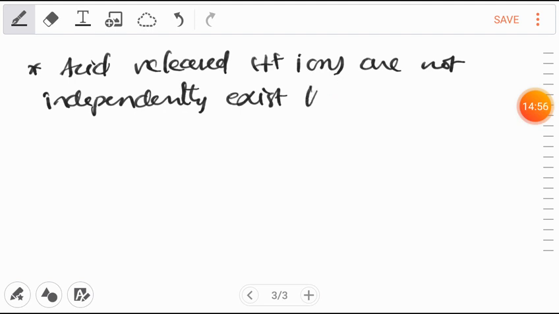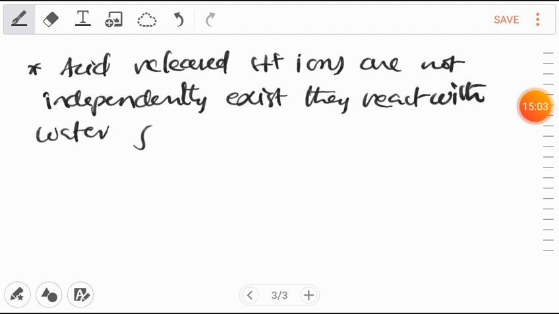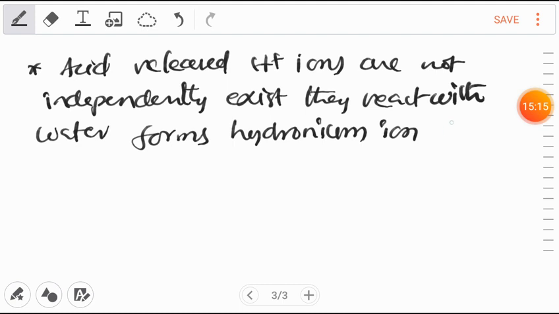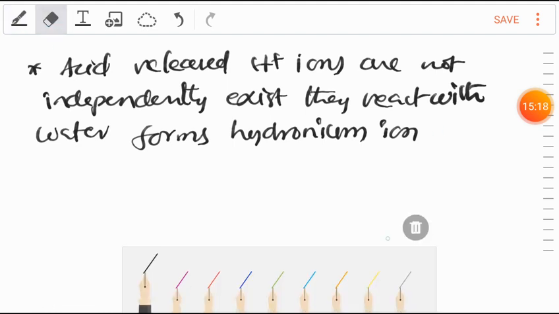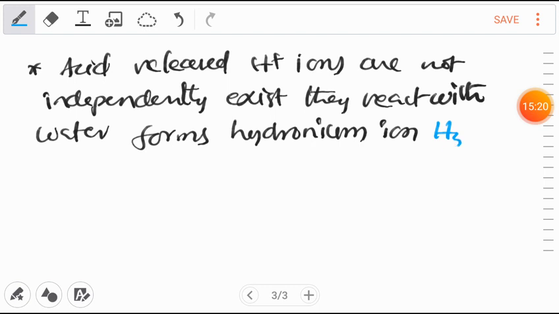They react with water and form the hydronium ion. In the CCE model, every point is important, so you are going to note this. This is experiment 2. Next experiment we will see.